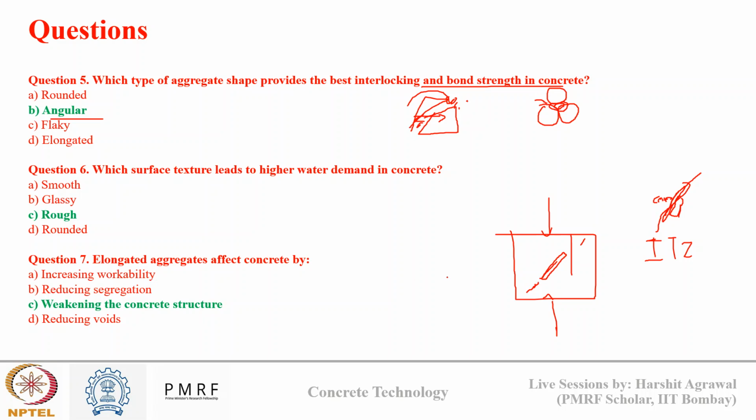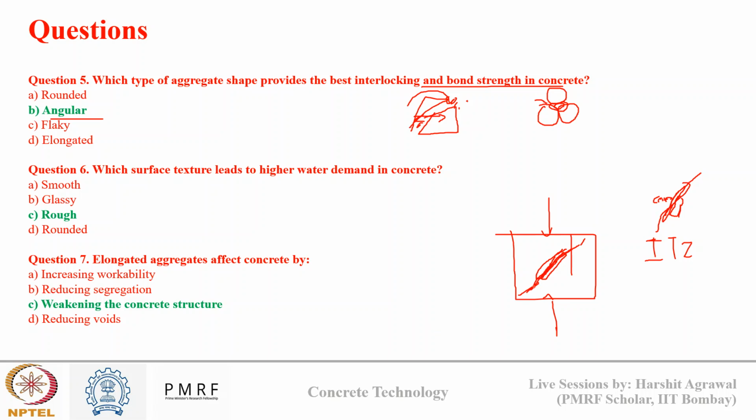So when we have elongated aggregate, we have a bigger ITZ area available, which will provide easier access for the crack to grow over the surface of aggregates. That's why they decrease the strength of concrete, because they ease the growth of cracks through their surface.